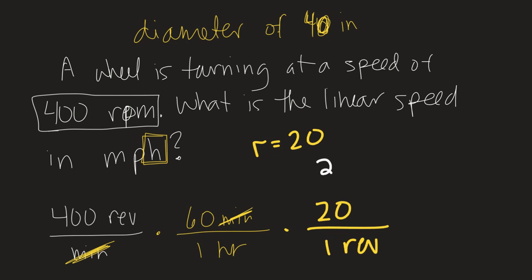So this has to be your 2 pi r. So radius of 20 times 2 times pi. Okay, so that is the complete one right there, the circumference. Circumference is 1 revolution. So 20 times 2 times pi divided by 1 revolution. That's how we get rid of revolutions.